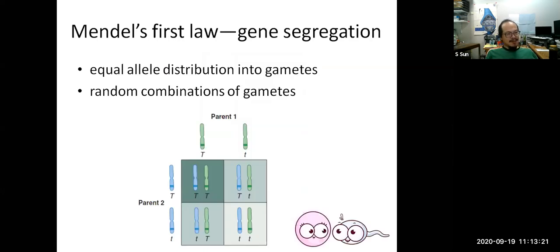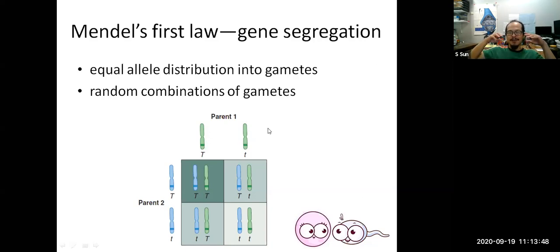Now let's summarize it. Mendel's first law is called gene segregation. And that law is presented as equal allele distribution into gametes. So if the parents have 2 alleles, they will be equally distributed.